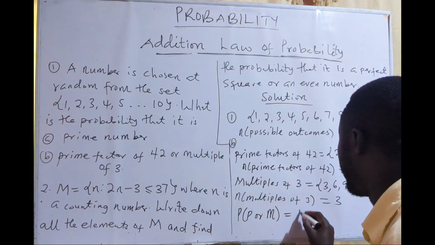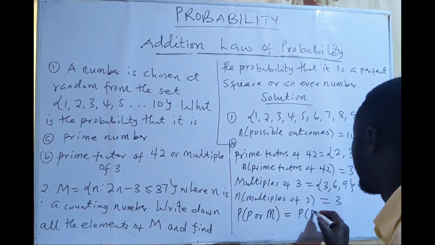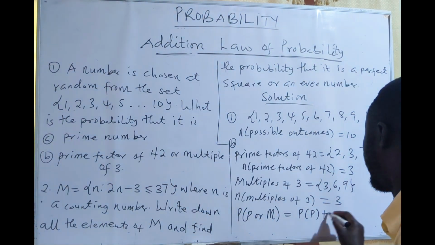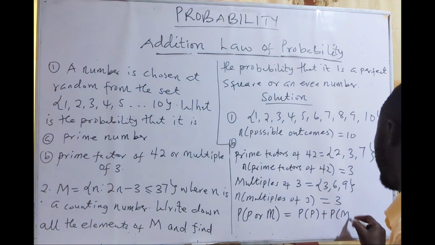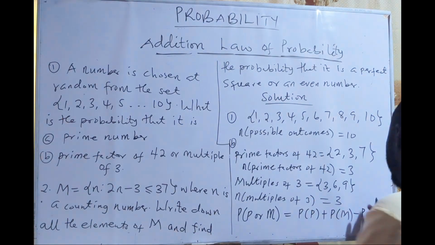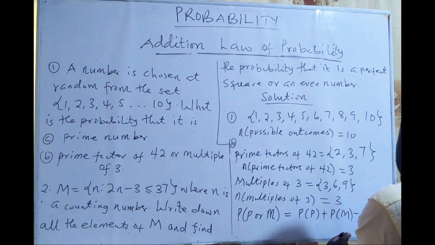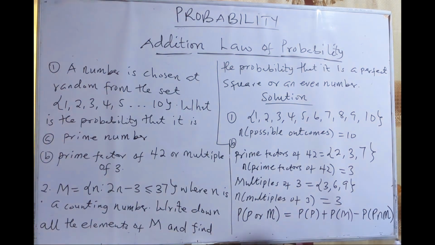It is going to be probability of P plus probability of M minus probability of the intersection, P intersection M. So this is what we are going to apply, that is if there is intersection.